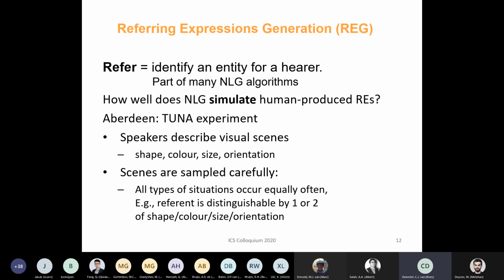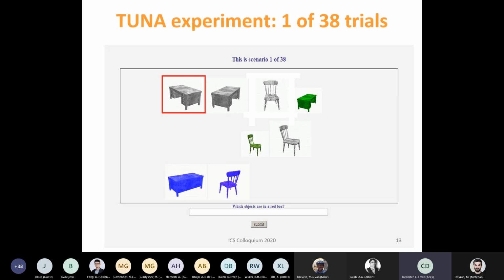So, for example, there was always an equal number of scenes in which just the shape was enough to identify an object, as there were scenes where color was solely enough to identify the object, and size and orientation. Equally for combinations of 2 or 3 of these attributes. Very balanced, as one is used to in the social sciences.